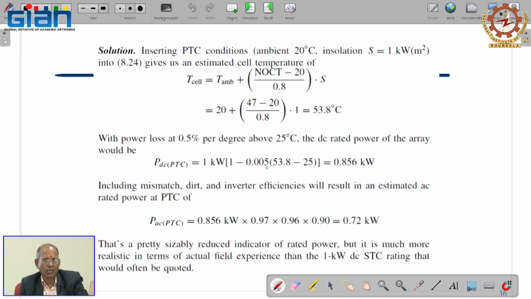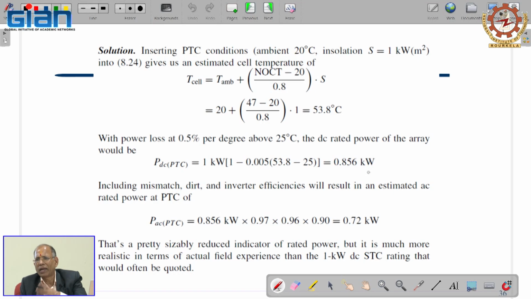The temperature difference is 53.5 as we calculated here, minus the standard nominal ambient temperature of 25. So it gives us a power of 856, just because of that temperature variation from 1000 we simply come to 856.